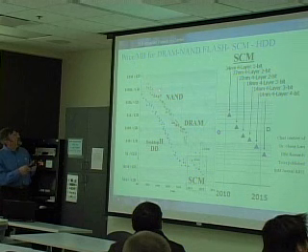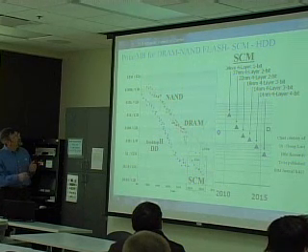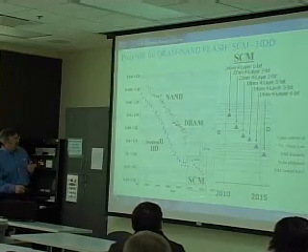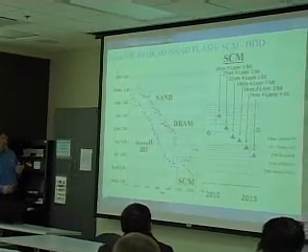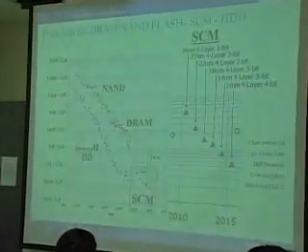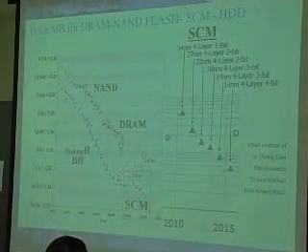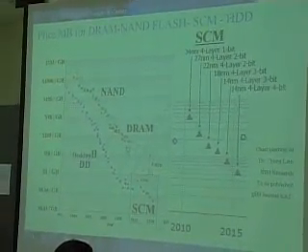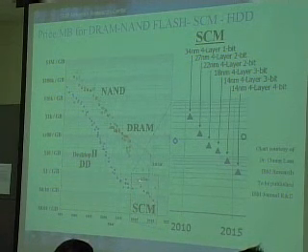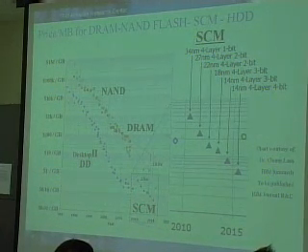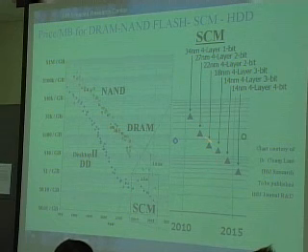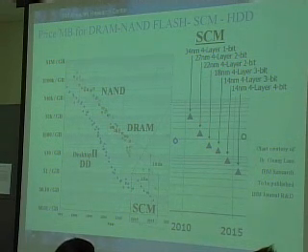Then we have NAND in green and DRAM in red and these prices. And we see out in the 2010, 2015 time range, we predict the storage class memory is going to be down here. Now, disk will probably continue to drop as well, but we see these being very competitive with disk. And there's some details about how we get to these different things, but I'm not going to spend too much time on it.